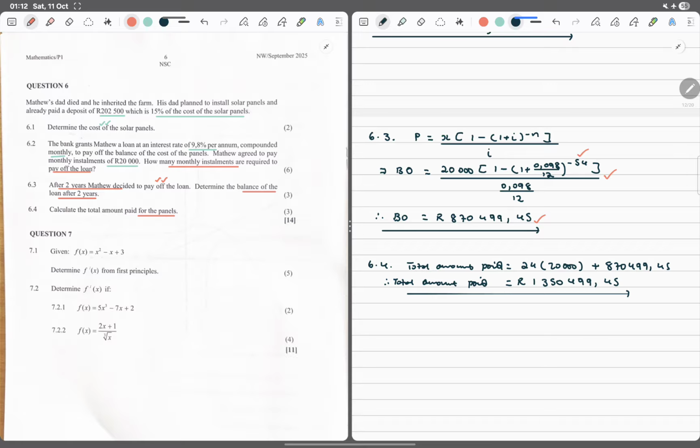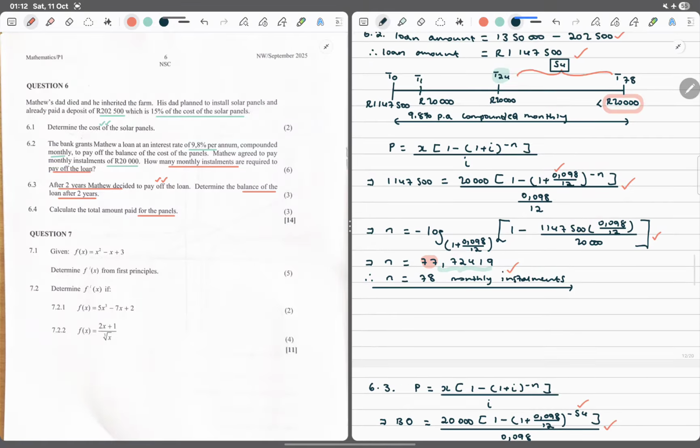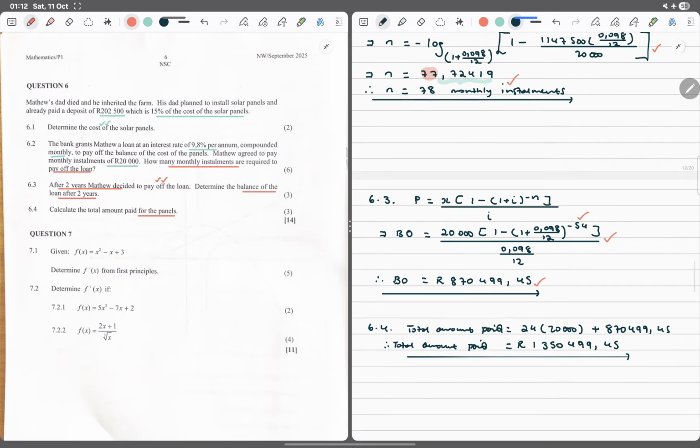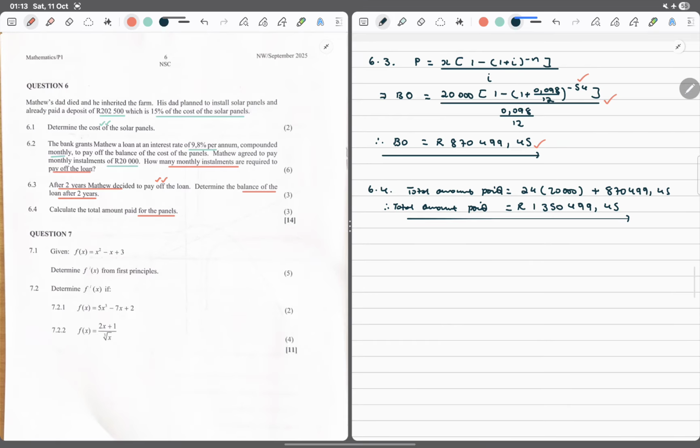Nice and easy. Okay, so technically he didn't undercut the bank in a way because he borrowed 1,147,000. He's paying 1,350,000. That's already more than he was given. So the bank may allow this, essentially.